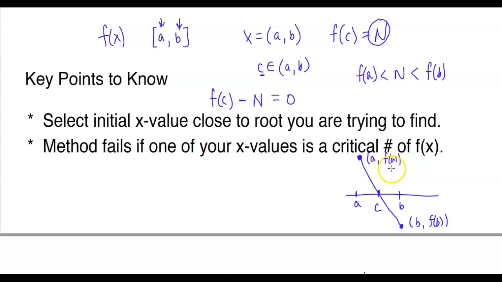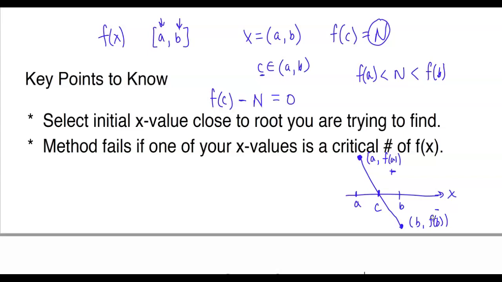And notice that f of a is going to be positive if this is above the x-axis, and f of b is negative if it is below. So all I have to do is be ingenious enough or clever enough to be able to figure out, well, I may not know what this root exactly is, but I do know it's in between these two values.